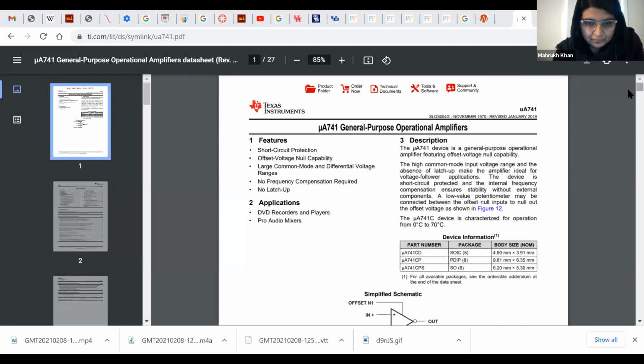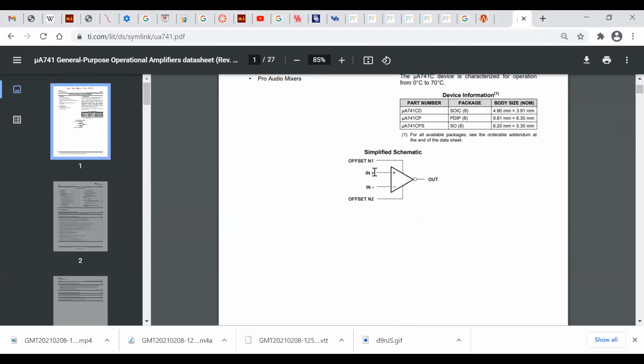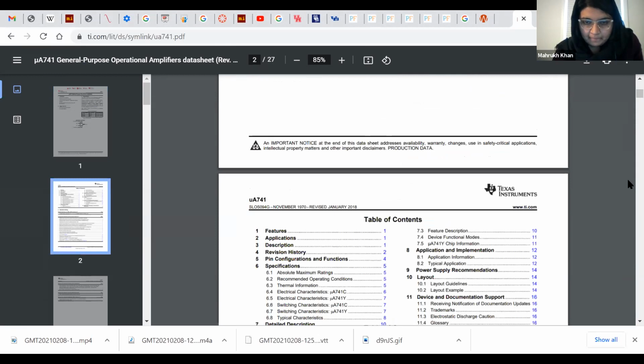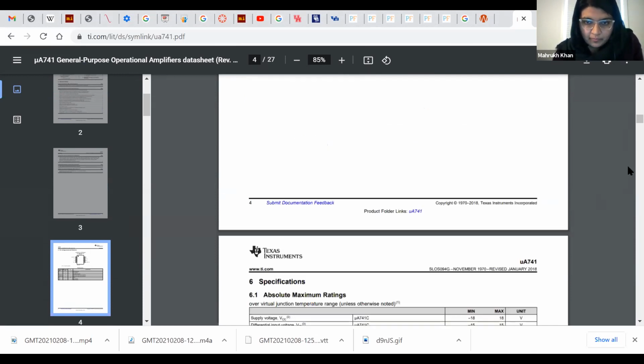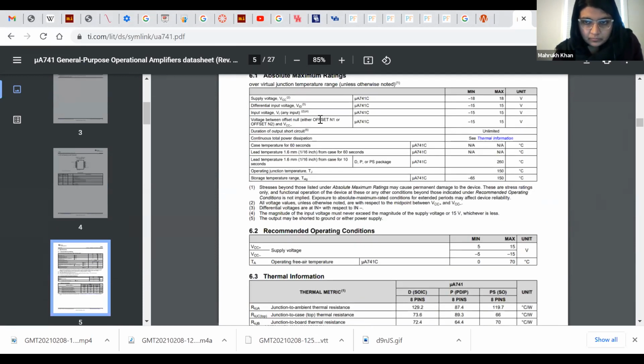Okay, so this is the normal op-amp. These are the offsets. If you go down, we know that these are non-inverting. We did op-amps, right? If you go down, these are the limits of the supply voltages.